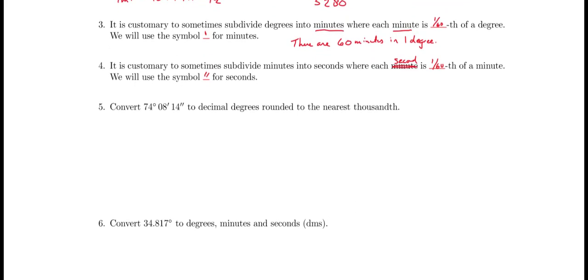These are the problems I want us to be able to work. So let's go ahead and convert 74 degrees, 8 minutes, 14 seconds into decimal degrees rounded to the nearest thousandth. One more time, we would read this, and you should practice reading this aloud: 74 degrees, 8 minutes, 14 seconds. And we want to convert that back into decimal degrees.